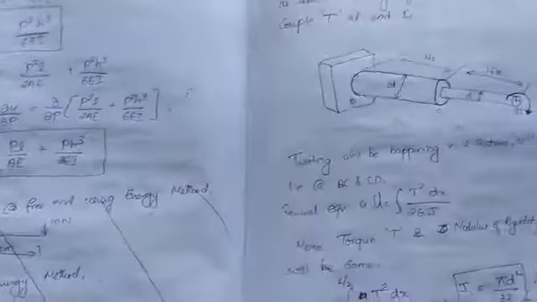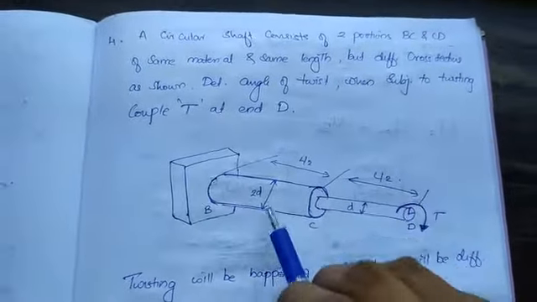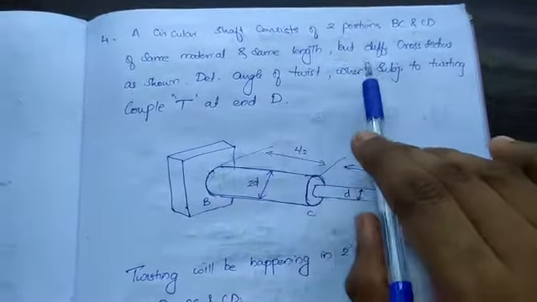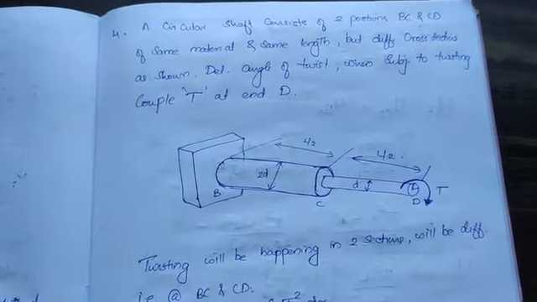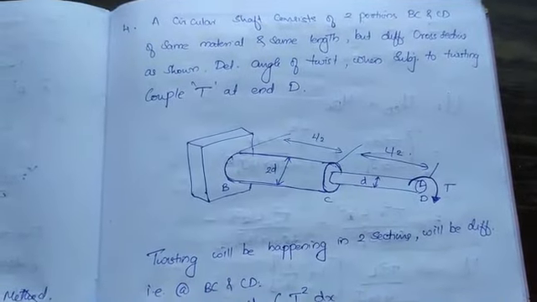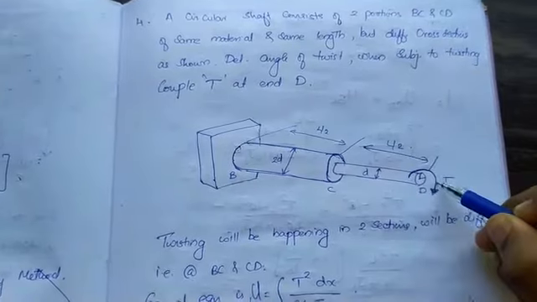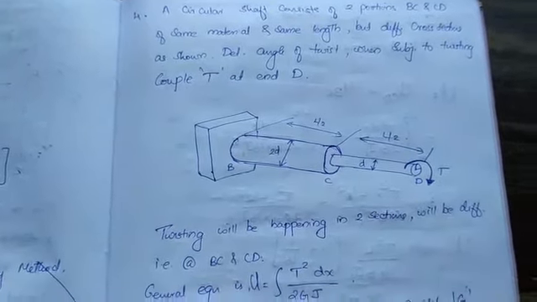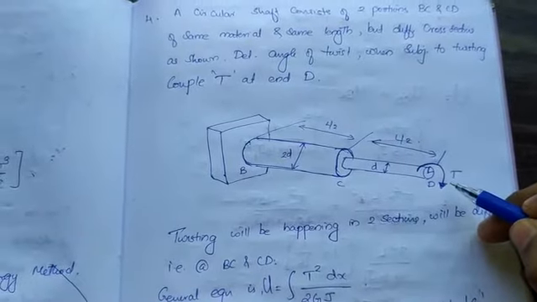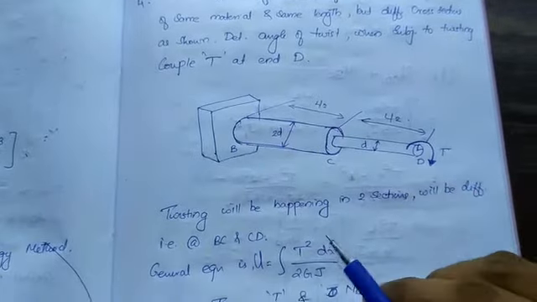We'll go for one more problem. A circular shaft consisting of two portions BC and CD of the same material and same length but different cross sections are shown. Determine the angle of twist when subjected to twisting couple T at end D. Here they have given a twisting couple, that means torsion is the torque T applied at this end.